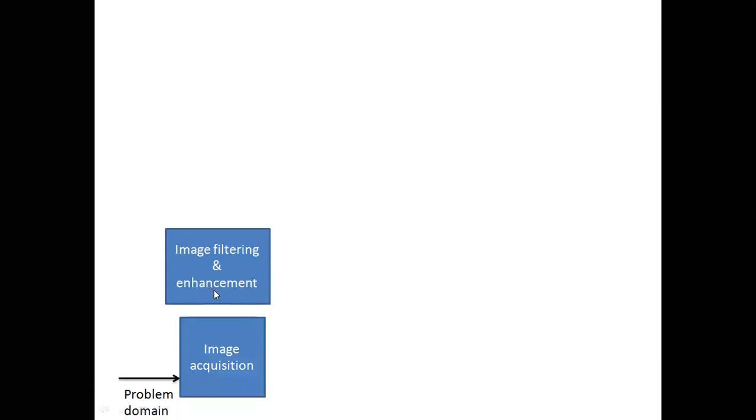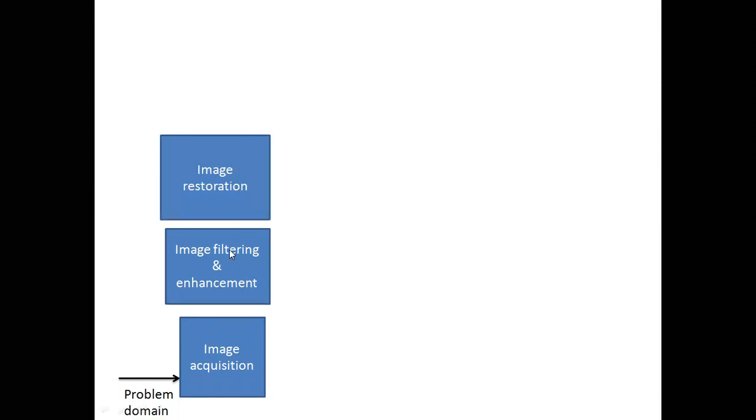This enhancement can be done using filters. By using different filters, we'll be increasing the overall look of the image. So this is the second step. Once you take the image, you'll be enhancing it using filters. And the next step would be image restoration.